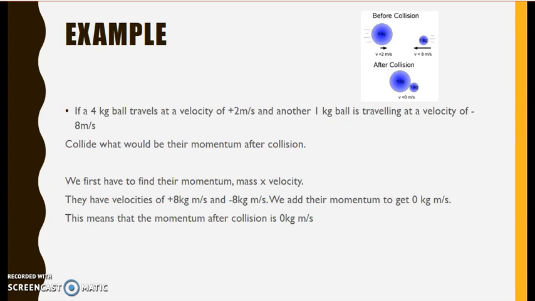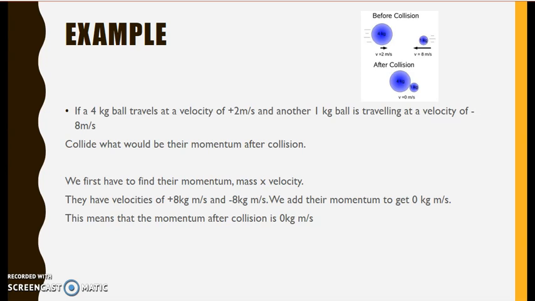So for both you get 8, but it's positive and negative. They have a momentum of positive 8 kg meters a second and negative 8 kg meters a second. We add their momentum to get 0 kg meters a second.